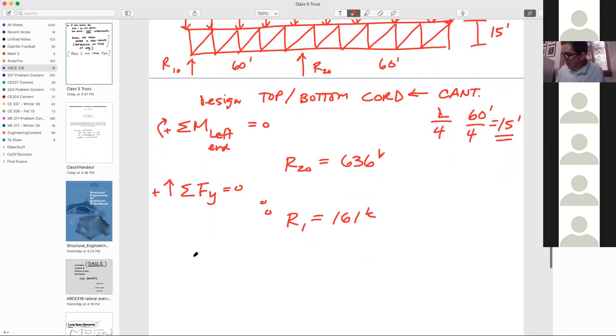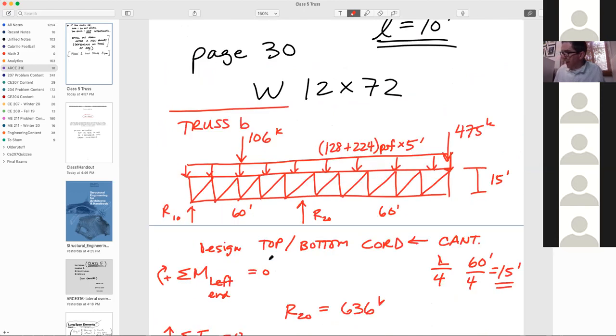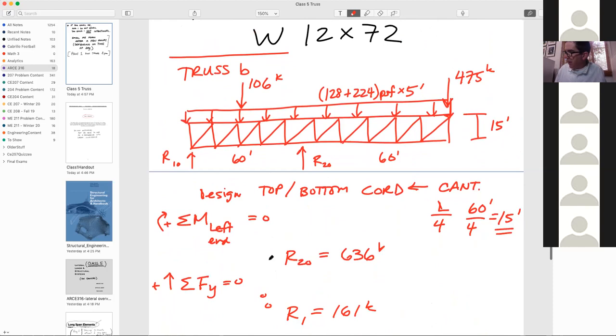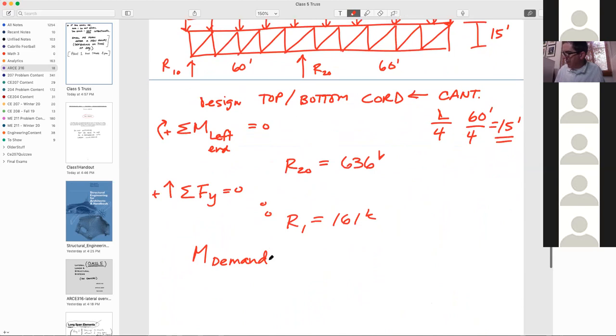So what we need to do is find the M demand. One way to do that would be to draw the shear and moment diagram. I'm sure you're not very interested in doing that. What I can tell you though is this will happen at the support.